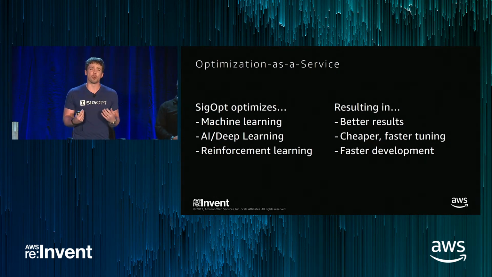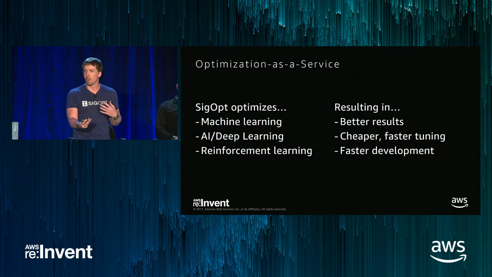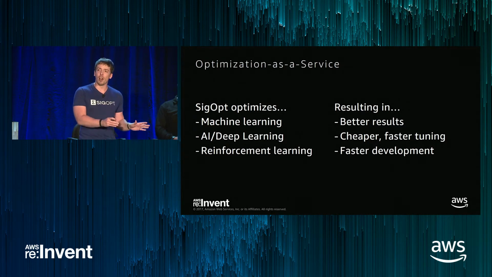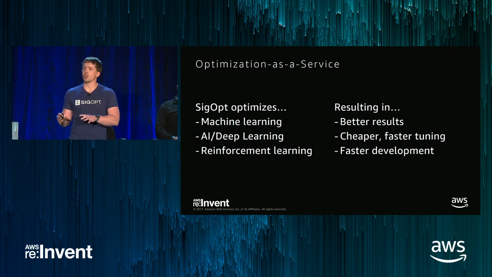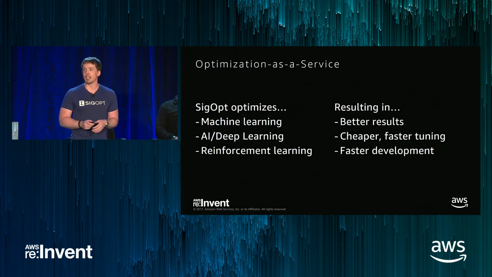Traditionally, this was a very time-consuming and expensive process. People would either set them manually or via brute force or a random approach, and all of these really don't scale at all. So what SigOpt provides is a simple SaaS solution that bolts on top of these pipelines and tunes them better, faster, and cheaper than other techniques.